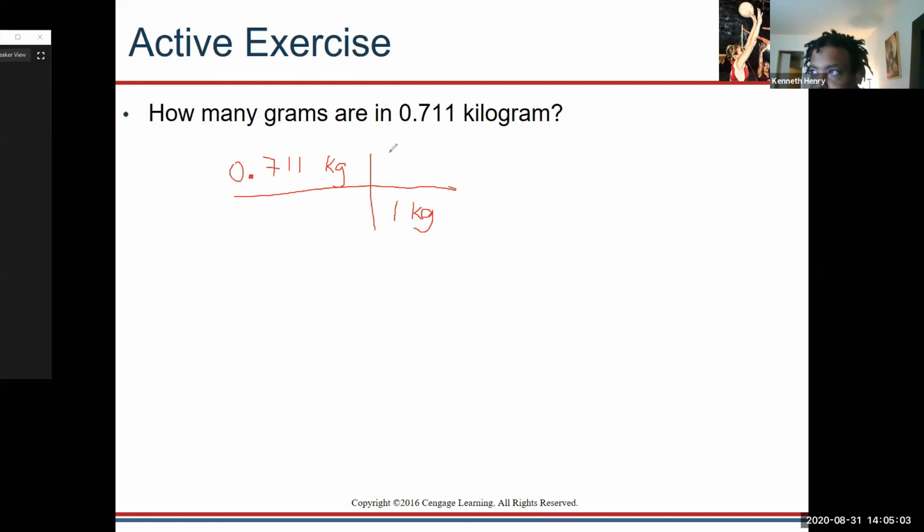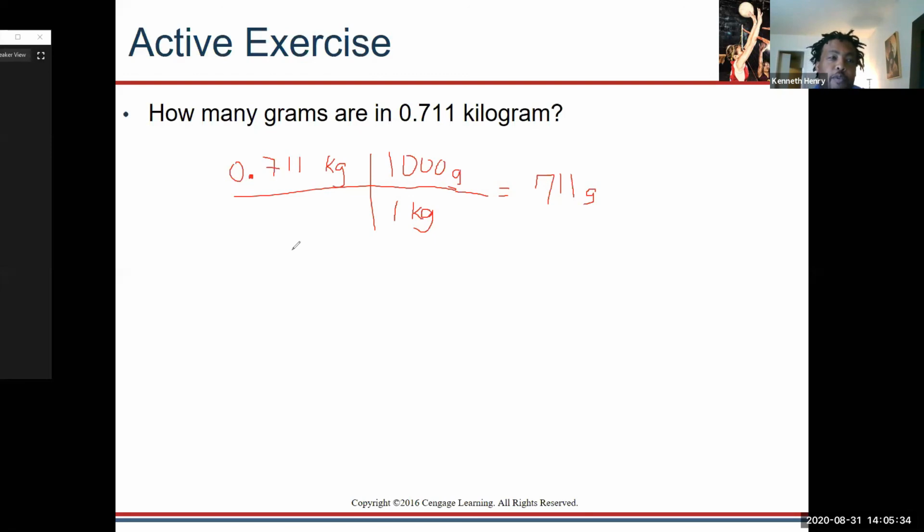Ooh, 1,000. Okay, 1,000. So 711 grams? Yes. Okay, cool. Piece of cake.